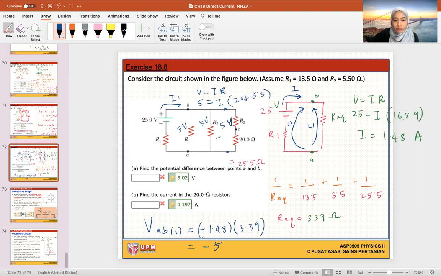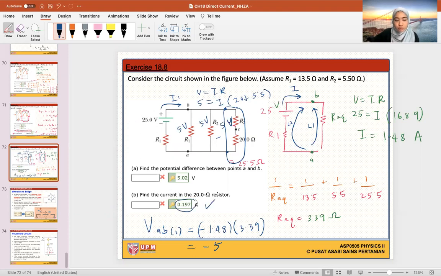I told you if we are trying to find the current flowing through this whole line, we need to find out the voltage for the whole line and the resistance for the whole line. Not only at the 20 resistor, but the total resistance in that line. So for this whole line, it's 5 volts. For this whole line, the resistance is 25.5. So then I can find I. 5 divided by 25.5, the answer is 0.197.